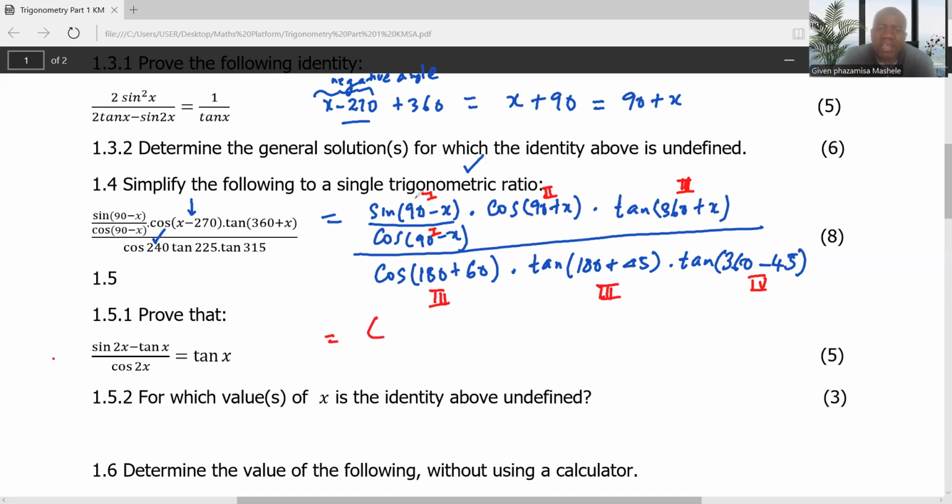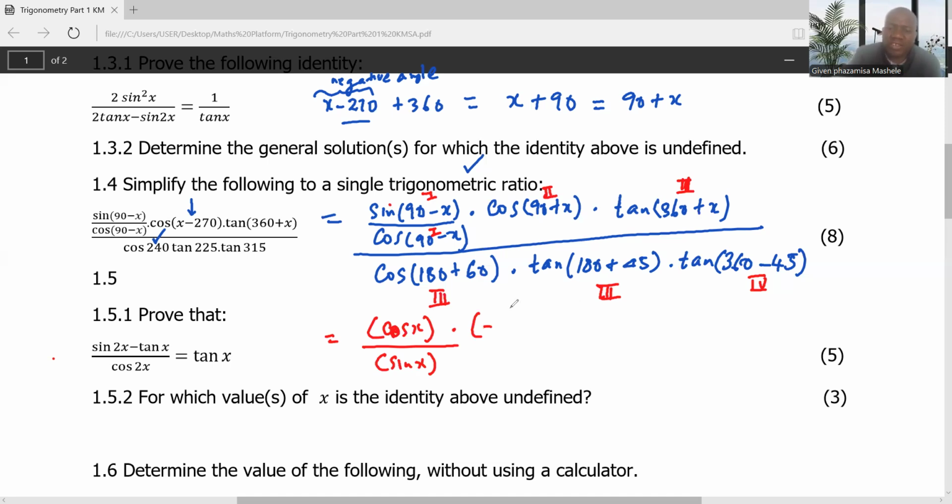Right, 90 minus an angle, we said, is in the first quadrant, where sine is positive. But because of 90, it will change and become cos. Remember, we change after we've taken the decision whether it's positive or negative. Divide by 90 minus, also in the first quadrant where cos is positive, but because of 90, it will change and become sine. Multiply by 90 plus, in the second quadrant where cos is negative.